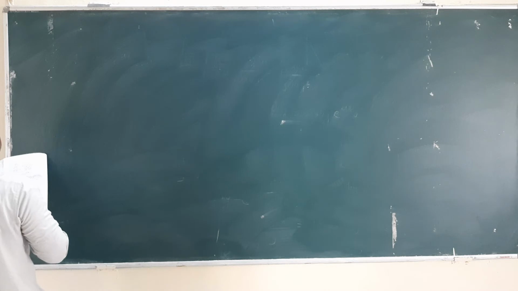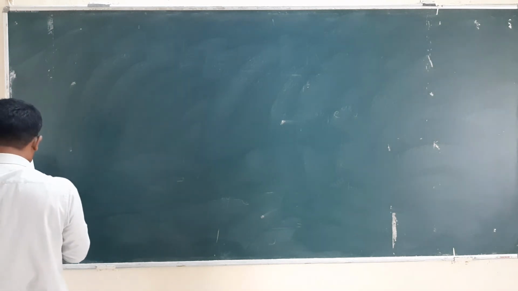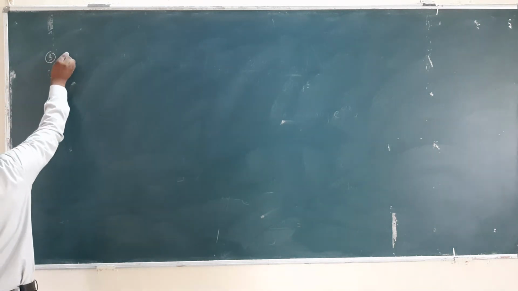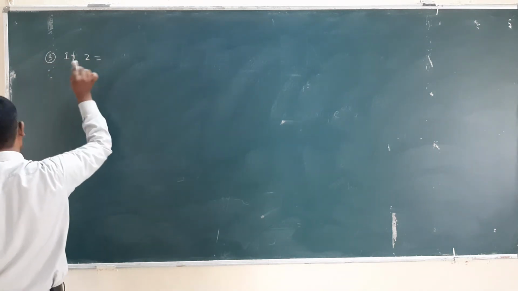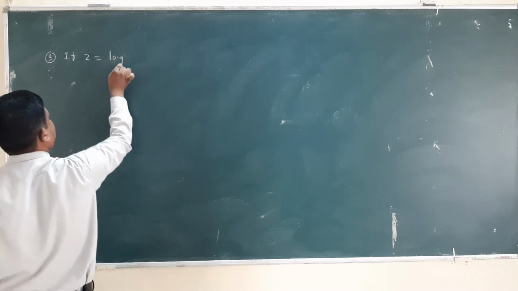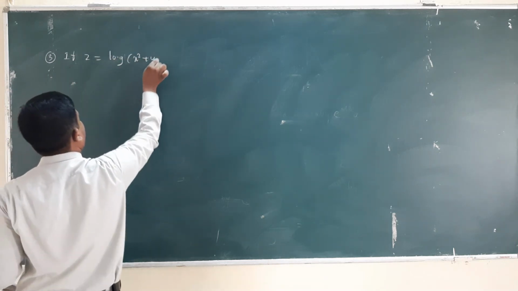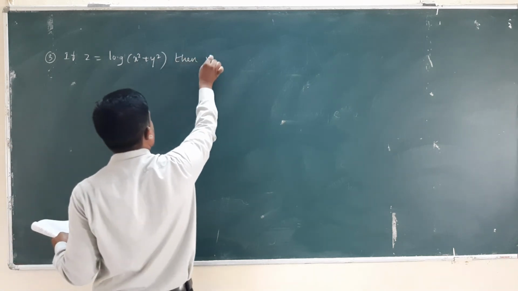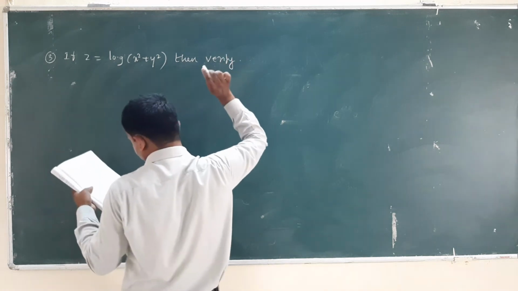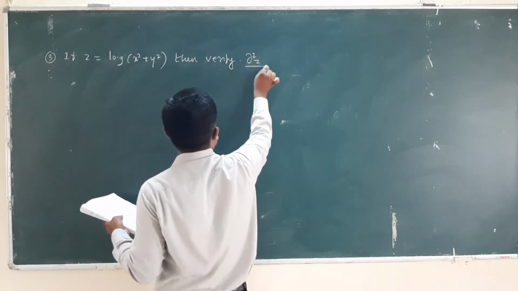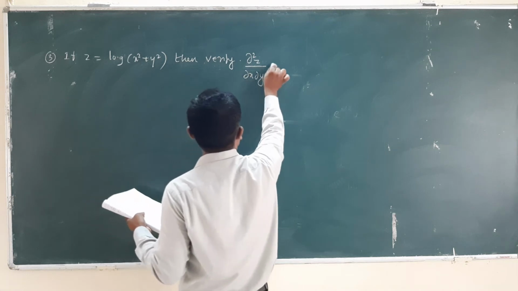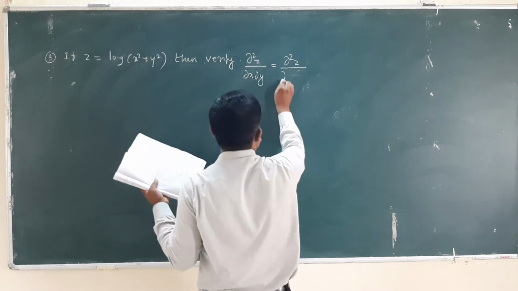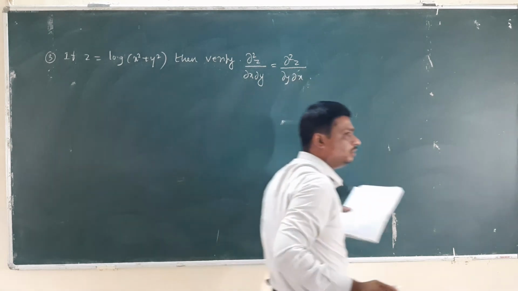Example number 3: if z is equal to log of (x² + y²), then verify ∂²z/∂x∂y is equal to ∂²z/∂y∂x.